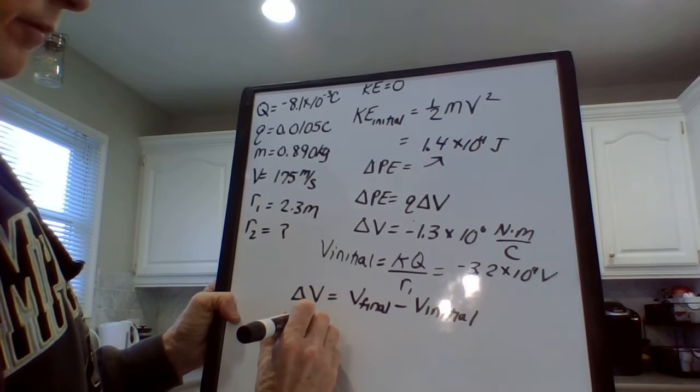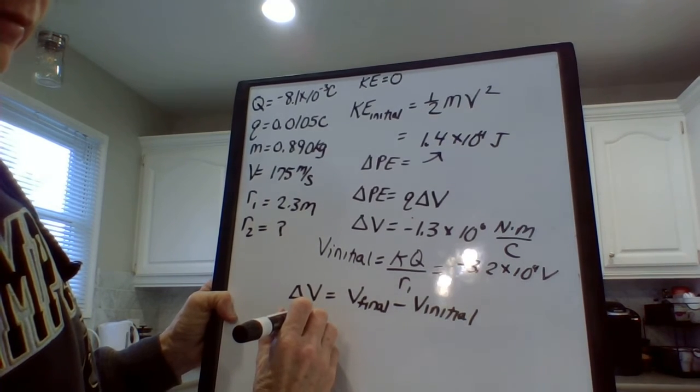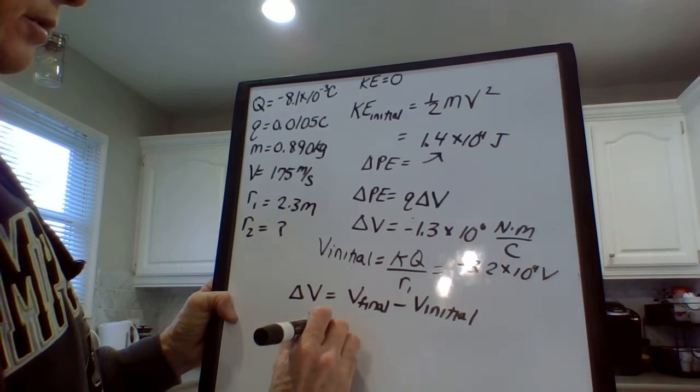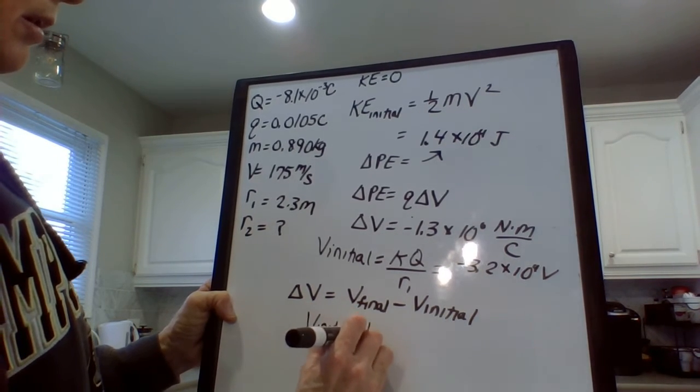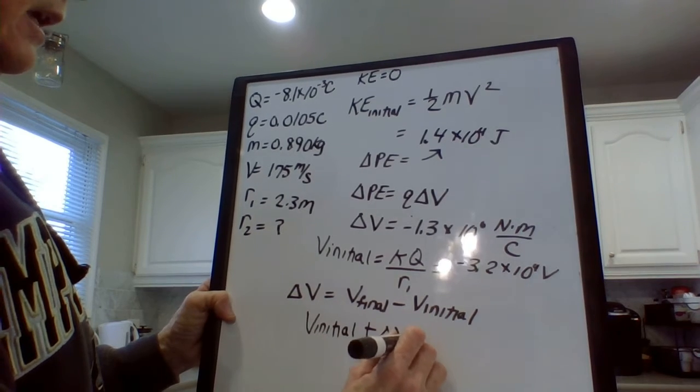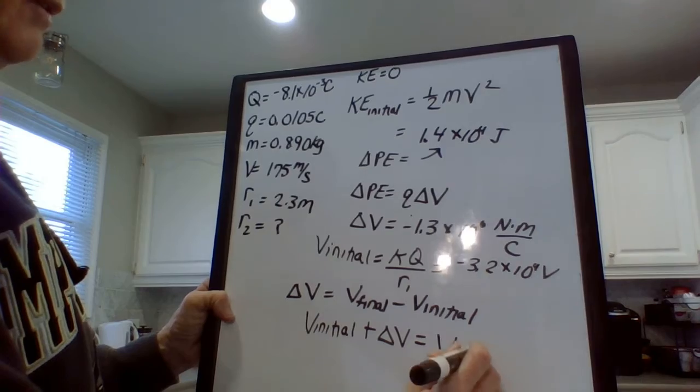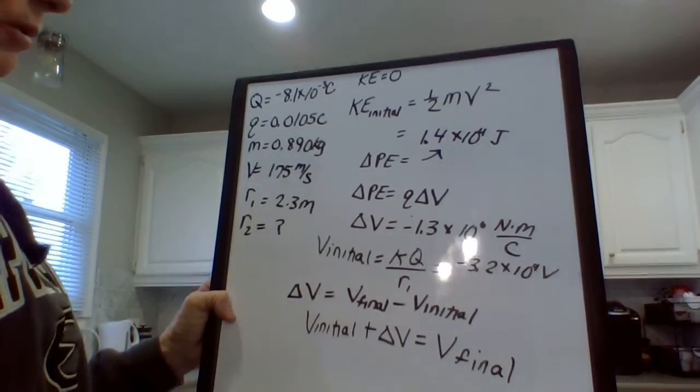So V initial plus delta V equals V final. I'm sorry, I'm saying velocity, but it's not velocity, it's electric potential.